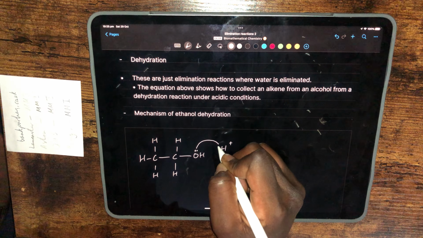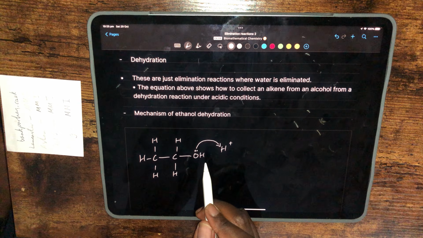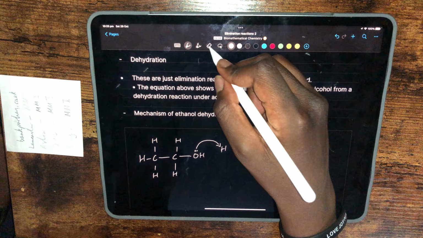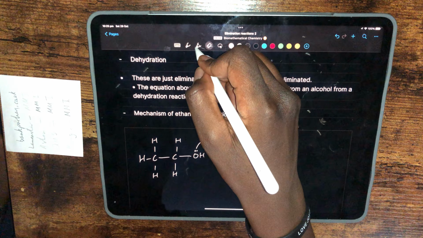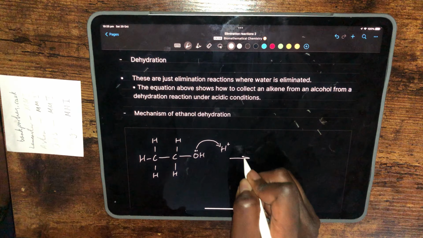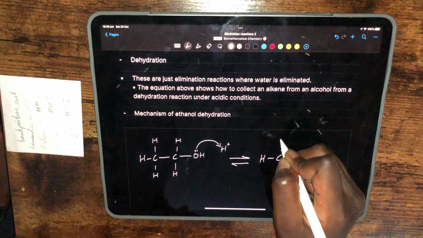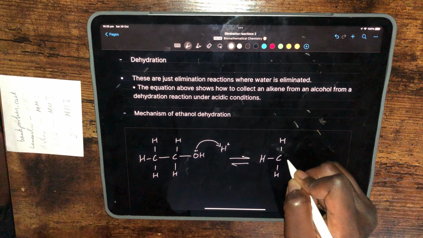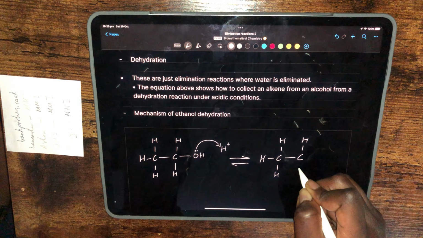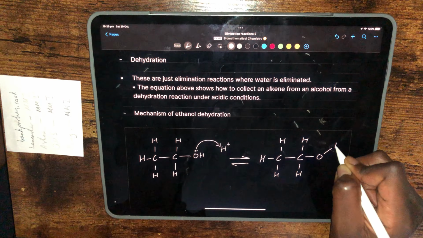Always remember to go from your lone pair of electrons to your positively charged electrophile, in this case the H+. Let me put this H+ a bit closer to here. This is a reversible reaction, and you form this intermediate. I'm drawing this exactly how you should do it in the exam.